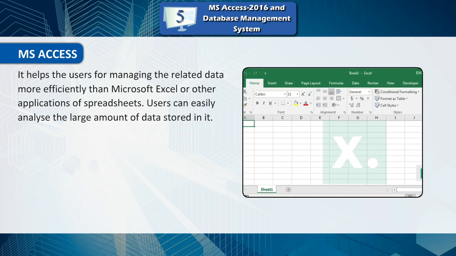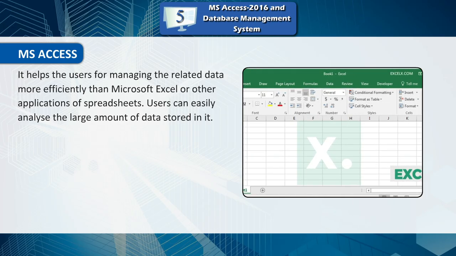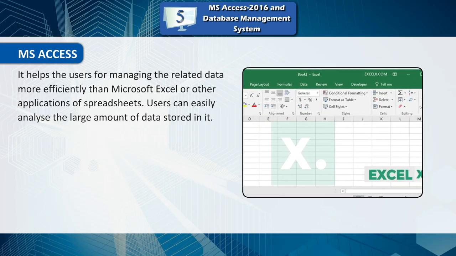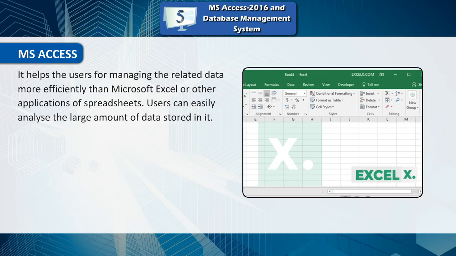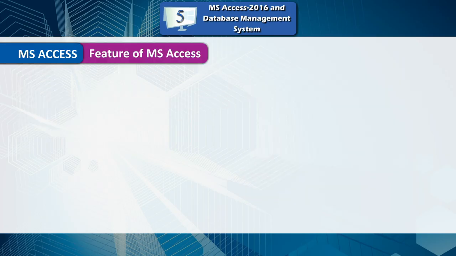It helps users manage related data more efficiently than Microsoft Excel or other spreadsheet applications. Users can easily analyze the large amount of data stored in it. You can create forms to enter and view data in your tables and reports displaying data from one or more tables. You can also create queries which choose some selected subset of the database's total data.